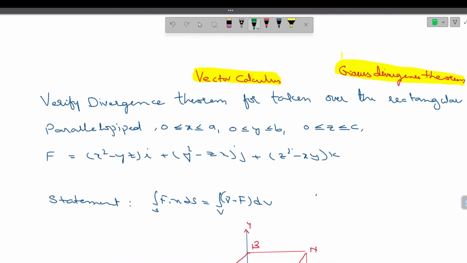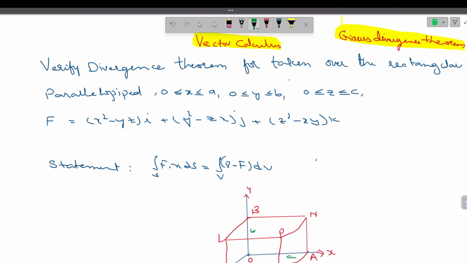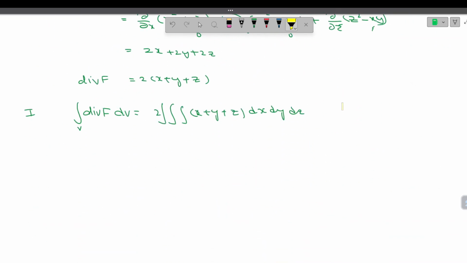What is given in the problem is x from 0 to a, y from 0 to b, z from 0 to c.